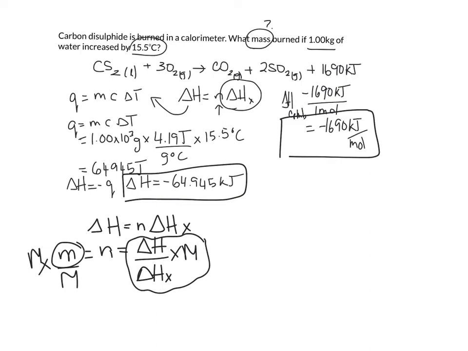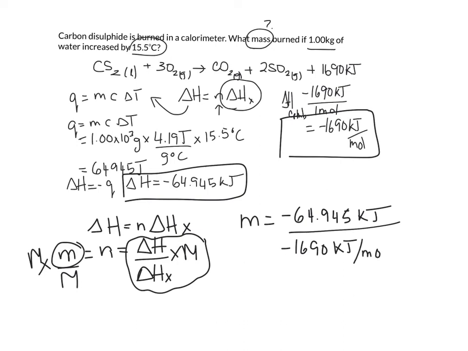So, mass is going to be equal to negative 64.945 kilojoules divided by negative 1,690 kilojoules per mole times 76.15 grams per mole.